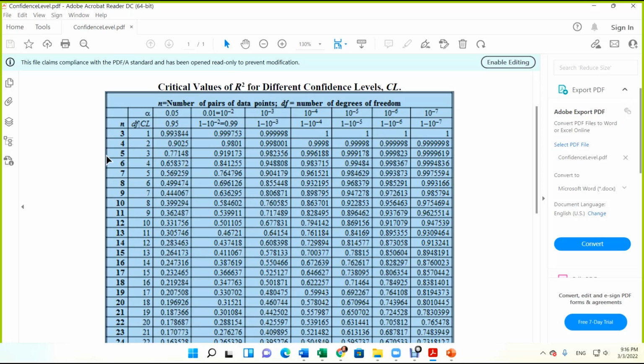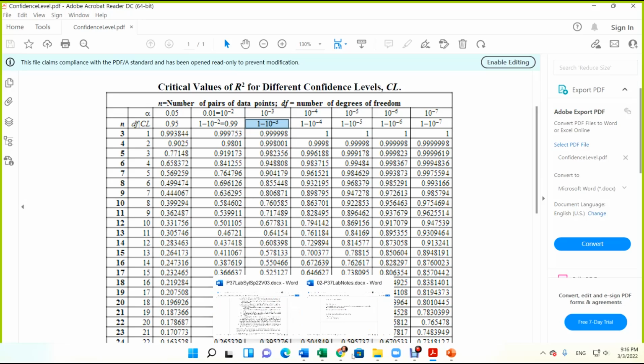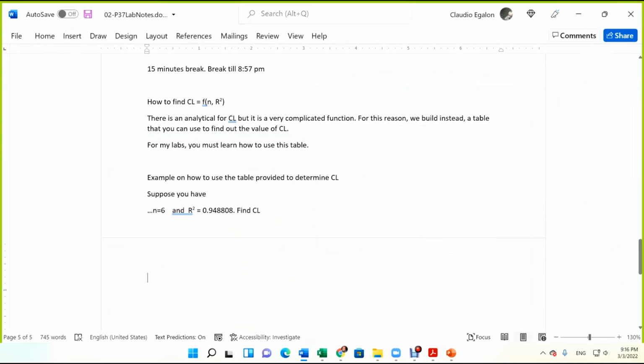Okay, all you gotta do is go up to here and then read at the top what's the value of CL. The value of the CL in this case is 1 minus 10 to minus 3. Okay? Make sense? Okay, here you go. CL is 1 minus 10 to minus 3, which is equal to 0.999.